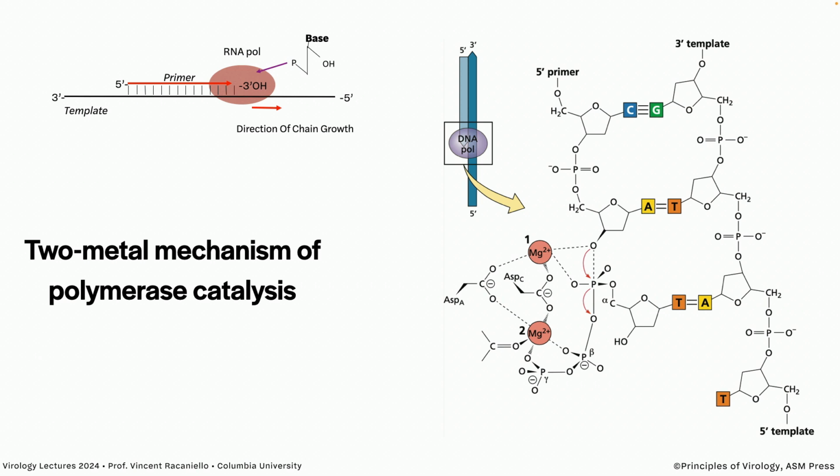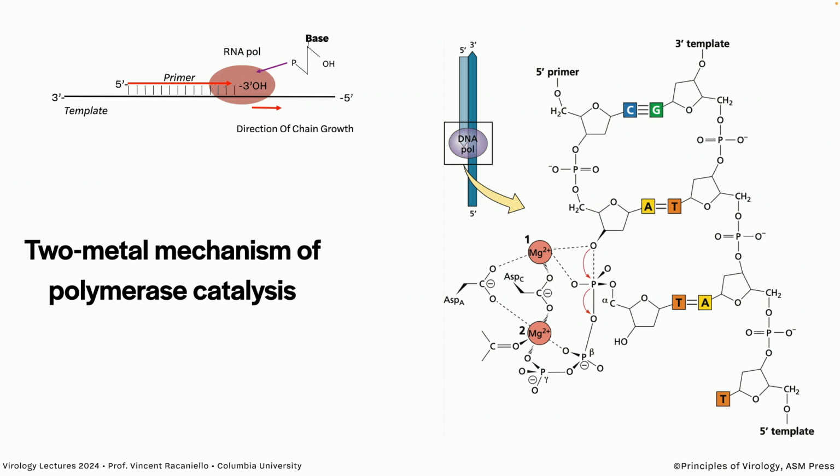And of course, when I say bases, it's not entirely correct. The base is just the T or the A or the G or the C. The base is linked to a ribose, and then the ribose is connected to the next base by a single phosphate linkage. And these bases, of course, come as triphosphates. Those are the precursors for polymerization.